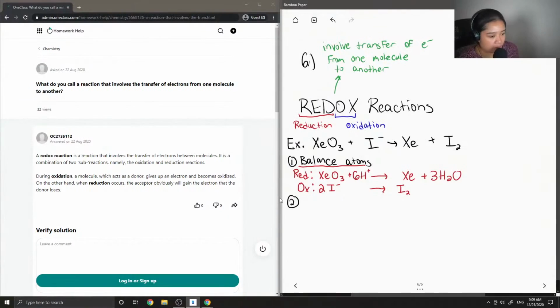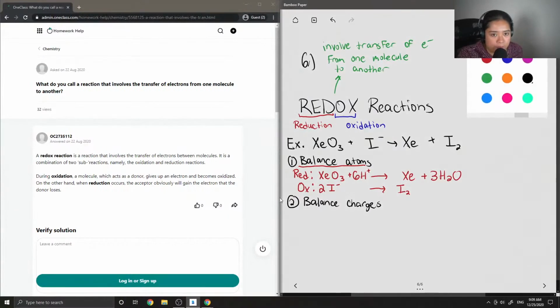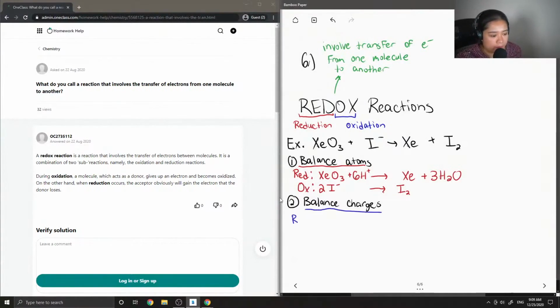Okay, for step 2, now we want to balance out the charges. So we want the charges to be the same on both sides of the reaction. So let's just rewrite it down now.